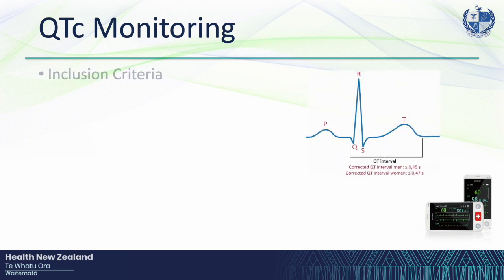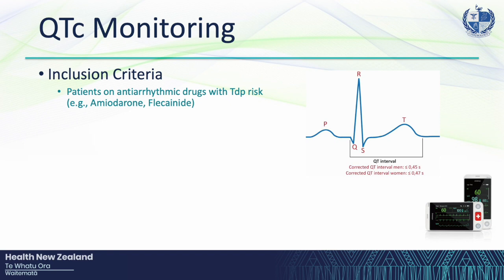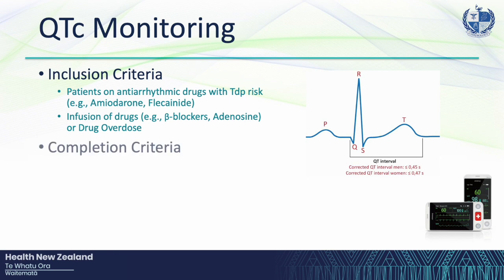It is crucial to monitor the QTc interval for patients taking antiarrhythmic drugs such as IV amiodarone or flecainide, as these medications can prolong the QT interval and increase the risk of life-threatening arrhythmias. Rhythm monitoring is also necessary during infusions of other drugs that can affect cardiac rhythm, or in cases of drug overdose where toxicity may impact the QTc interval.